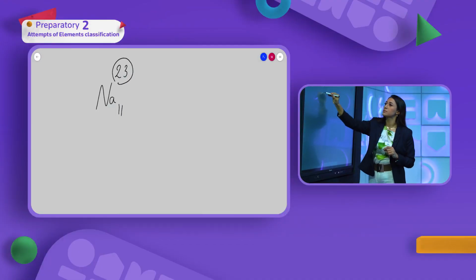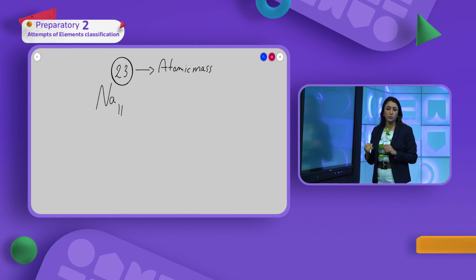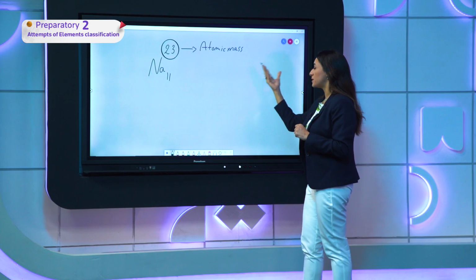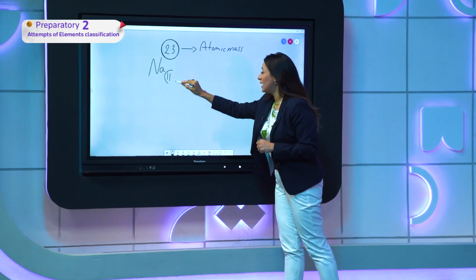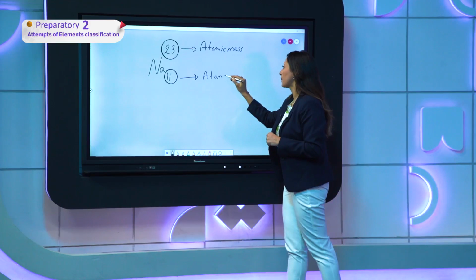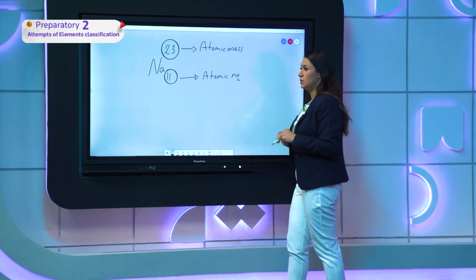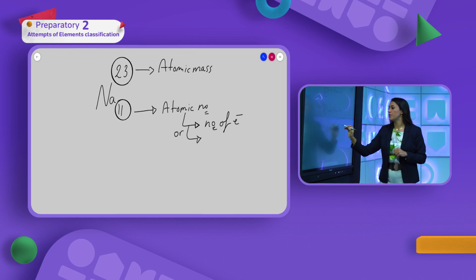This number represents the atomic mass, as we took last year, which was the mass number, which represents the number of neutrons and protons together, while 11 represents the atomic number, which represents the number of electrons or the number of protons.